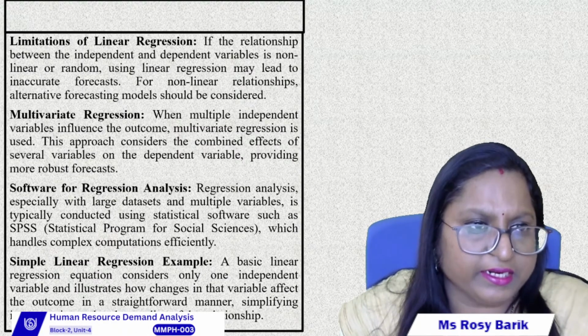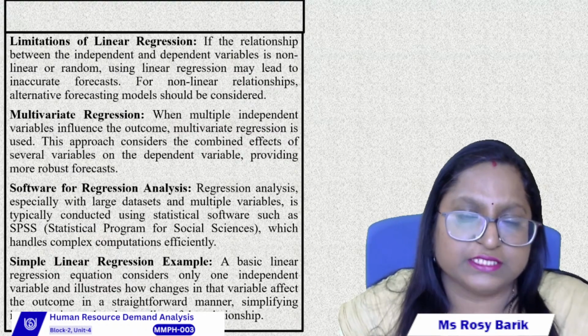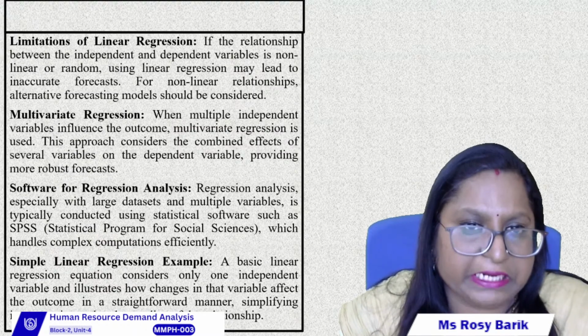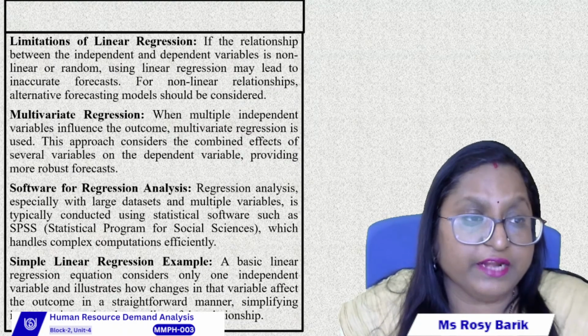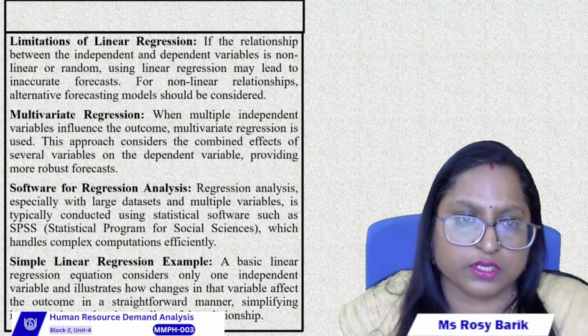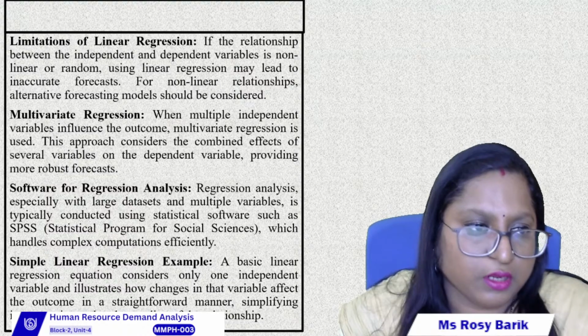Then multivariate regression: when multiple independent variables influence the outcome, multivariate regression is used. In this approach, the combined effect of several variables on the dependent variable is considered, which provides a robust forecast.